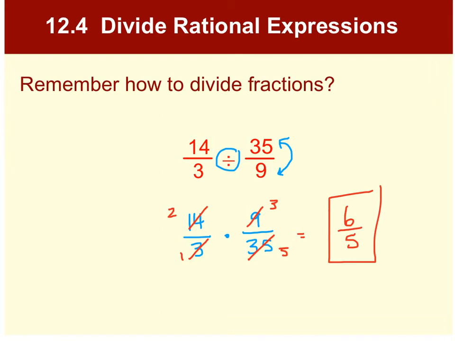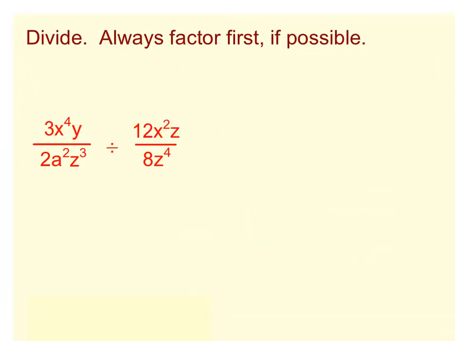Now we're going to take a look at some rational expressions. So we see that we are dividing by another fraction, so what we want to do is completely rewrite the entire problem. The first one stays the same, 3x to the 4th y over 2a squared z cubed. Change that division in the middle to multiplication.